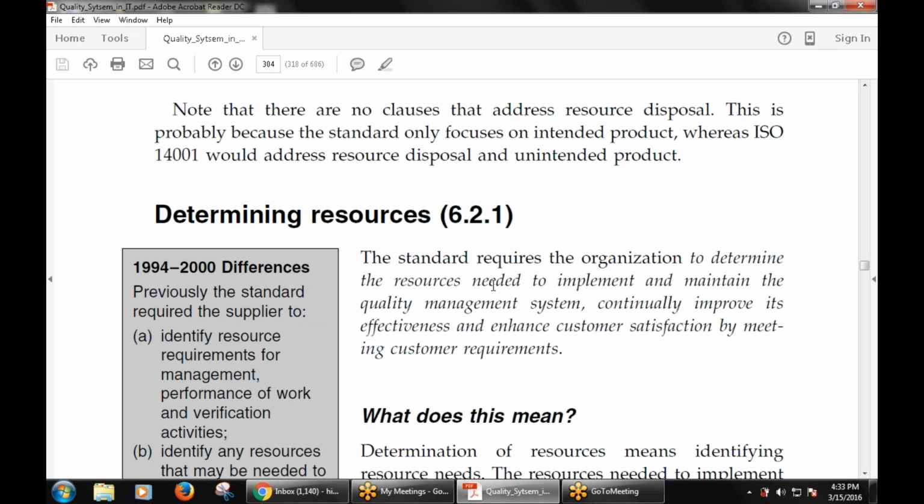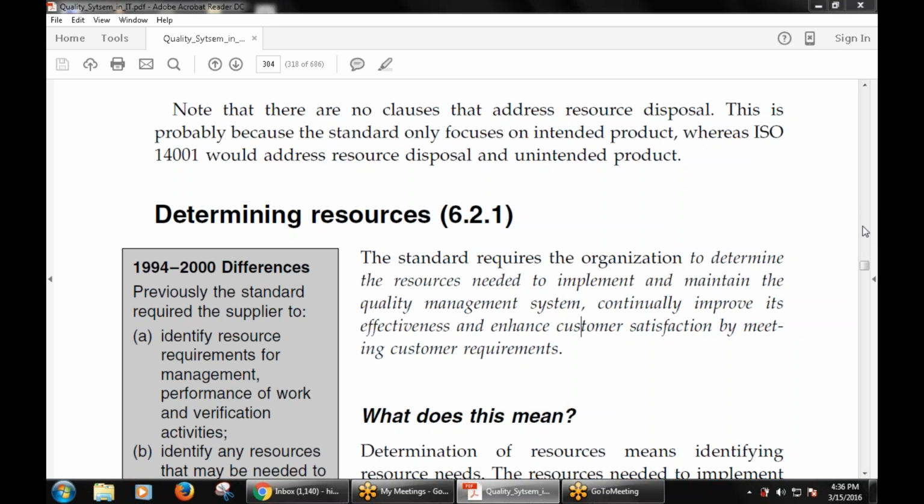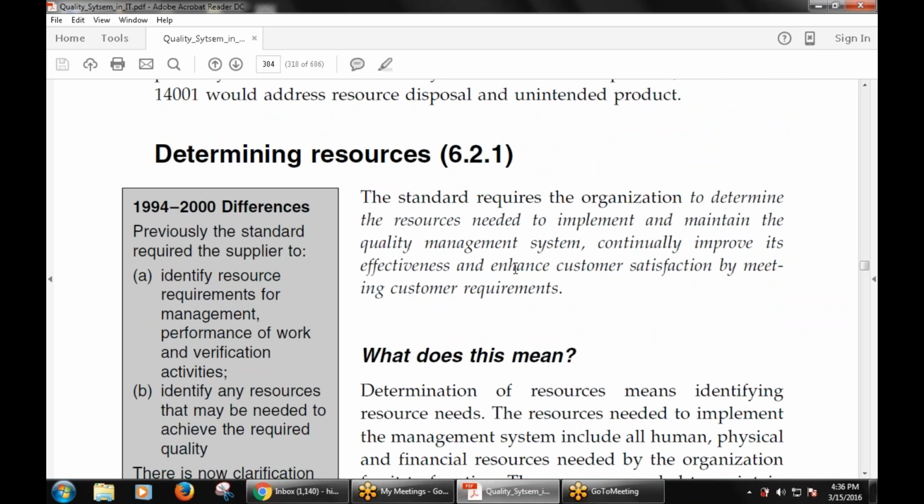Now, how to determine the resources? That is also the role of the organization, to determine what various resources are required for the quality management system. The standard requires the organization to determine the resources needed to implement and maintain the quality management system, that improves the effectiveness and enhances customer satisfaction by meeting the customer requirements.